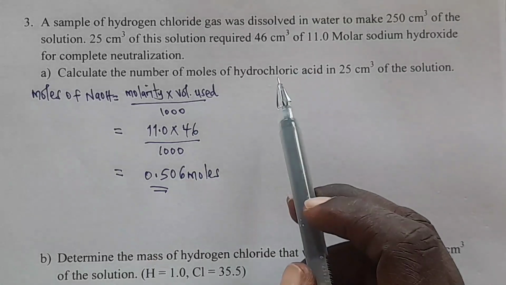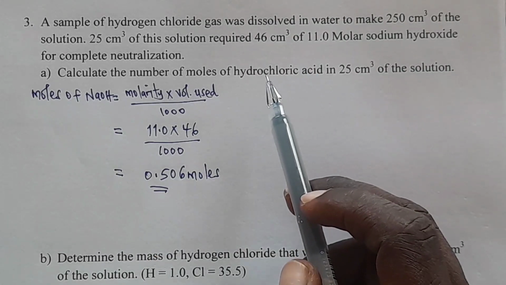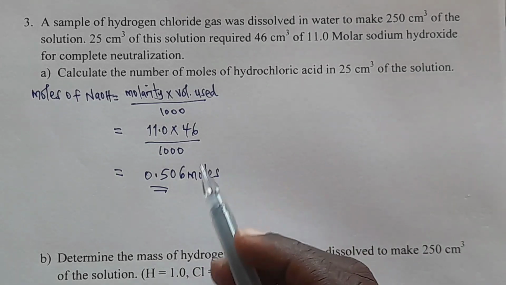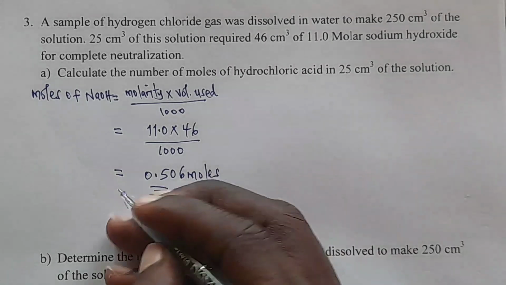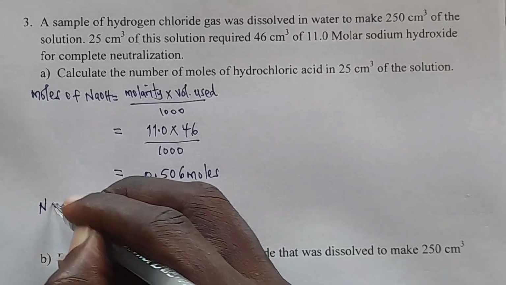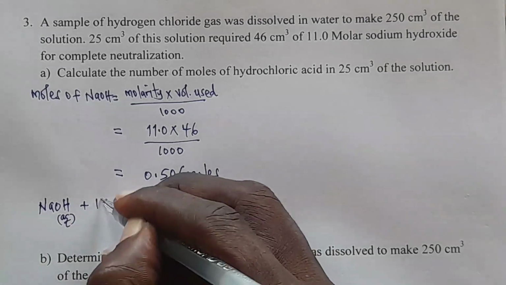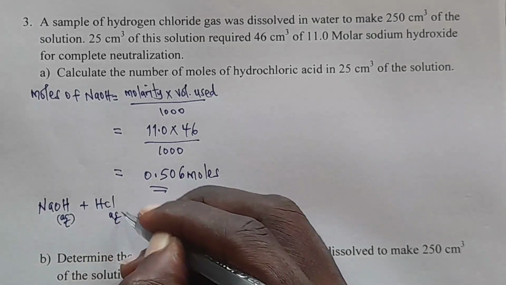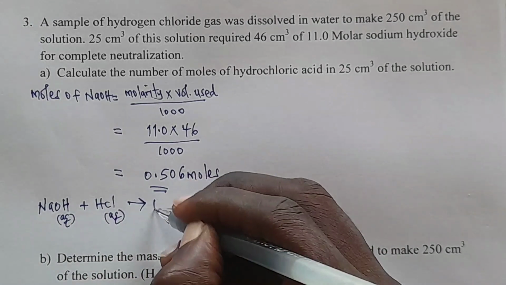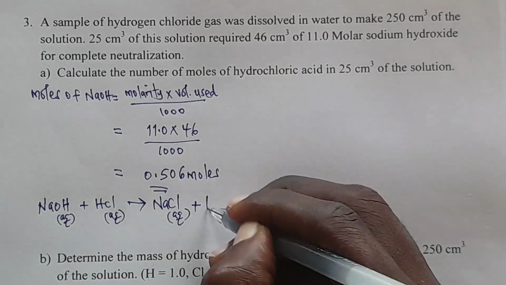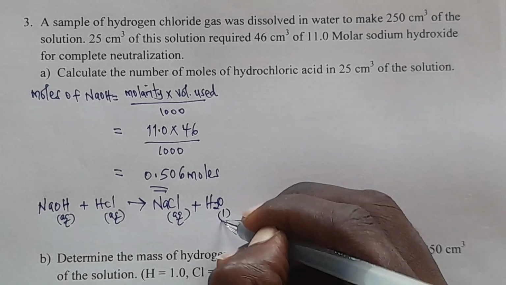So if we want to get the number of moles of the analyte, that's the hydrochloric acid, we are going to write the reaction between the standard solution and the analyte. So that means we are going to say sodium hydroxide aqueous plus hydrochloric acid aqueous. We are going to get sodium chloride aqueous plus water, which is liquid.